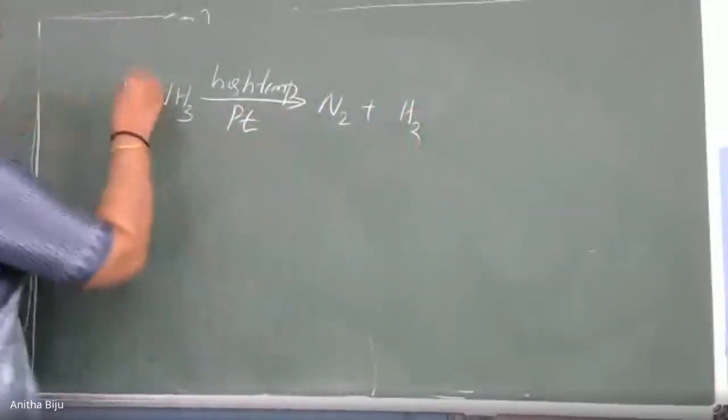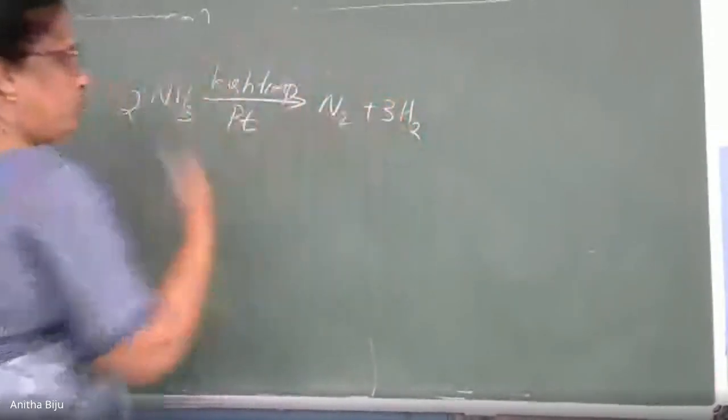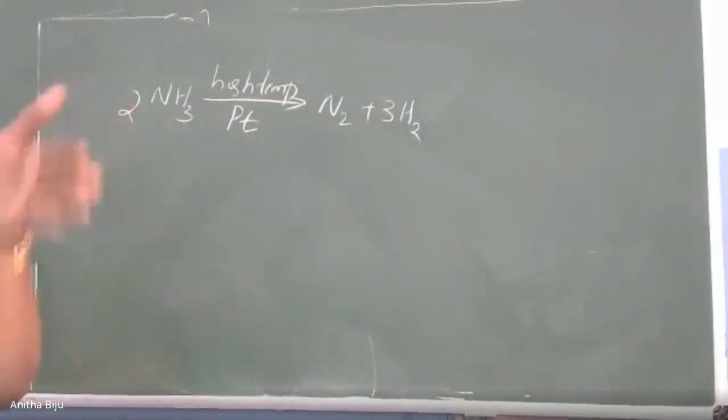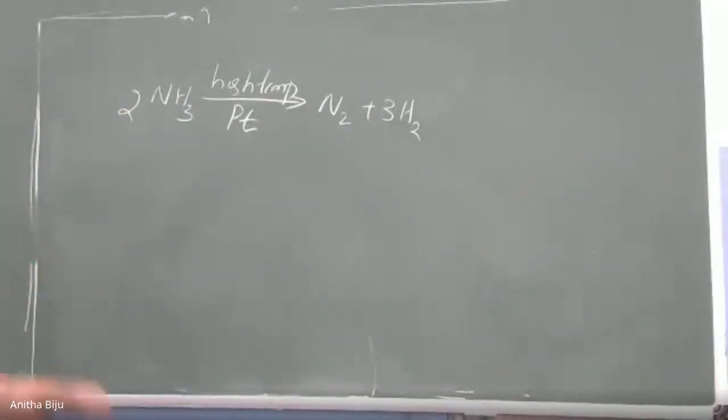Balance the equation: 2NH3 gives N2 and 3H2. Platinum must be at a high temperature. At high temperature, the platinum surface gets saturated with ammonia, and there itself it undergoes decomposition, forming nitrogen and hydrogen. So this is considered one example.